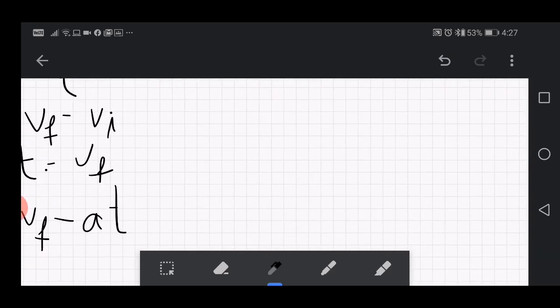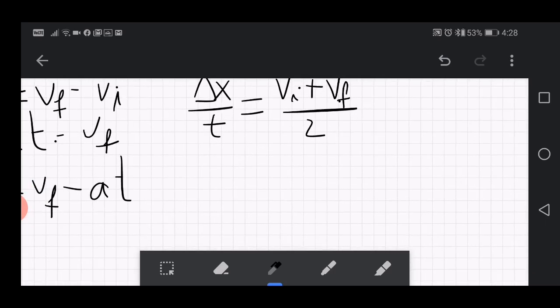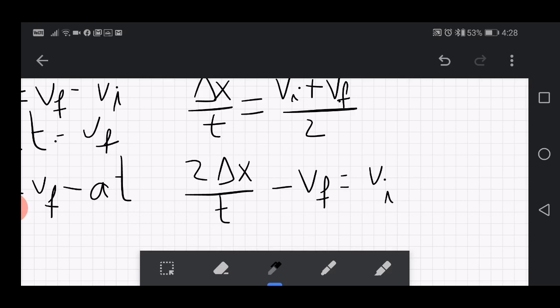And now in the second case you're talking about the average velocity, and this average velocity was given either by displacement over time or initial velocity plus final velocity divided by 2. Now, once again, you want to get rid of the initial velocity, so a simple two-step algebraic solution is that you have twice the displacement over the time interval minus the final velocity, and that's equal to your initial velocity.